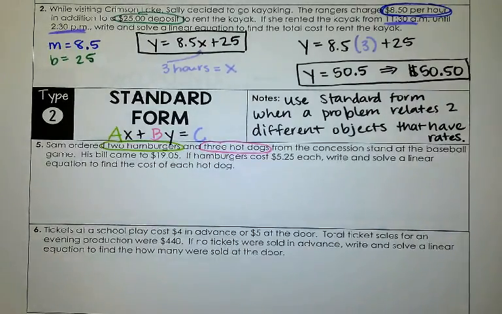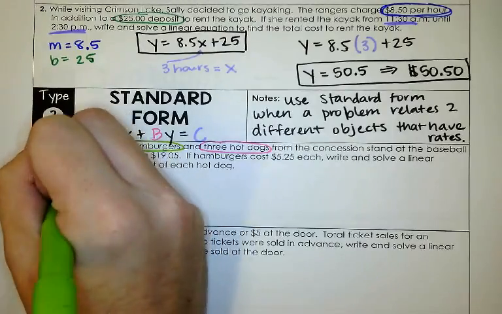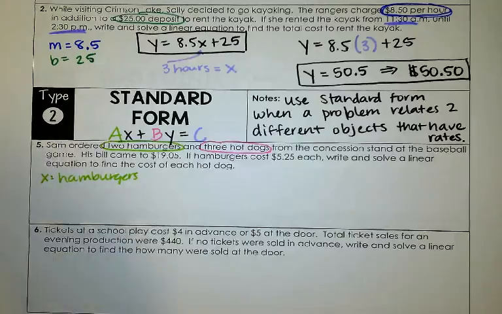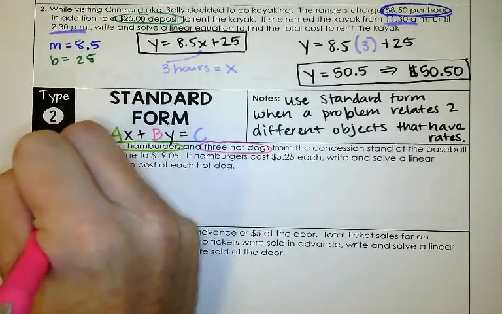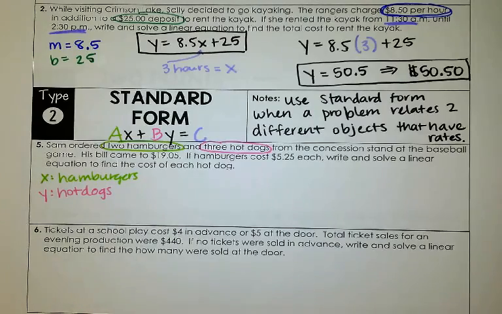Okay? So I'm going to name my X as my hamburgers. I'm going to name my Y as my hot dogs. There's not really any special reason I did that, but the hamburgers came first and X comes first. If you wanted to do it differently, that would be fine. If you wanted to call them H and D, that would be fine, okay?